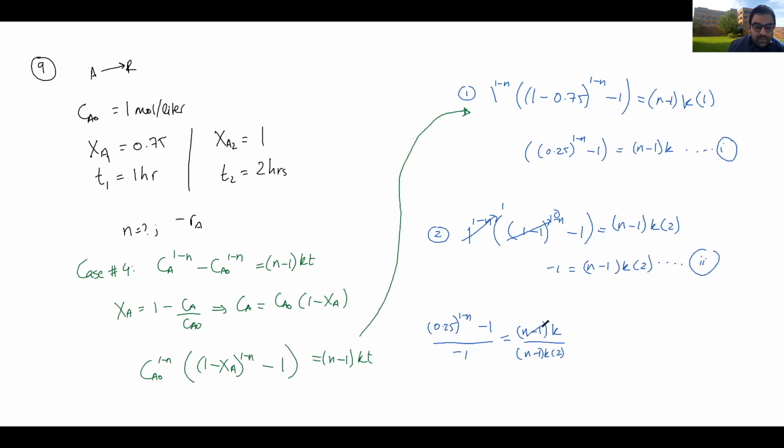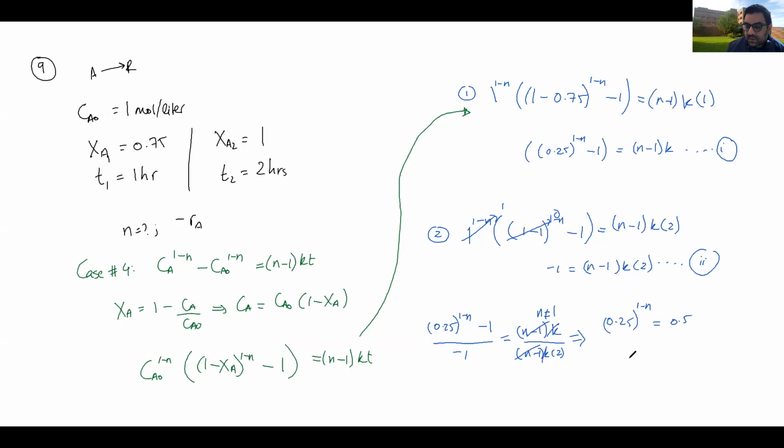I can cancel these by assuming N is not equal to 1, of course. If N is equal to 1, then we need to go back to this step; we can't just jump back. And of course, these little k's cancel. So I get basically 0.25 to the power 1 minus N is equal to, I'm going to move this minus 1 here, minus half plus 1, which is 0.5.